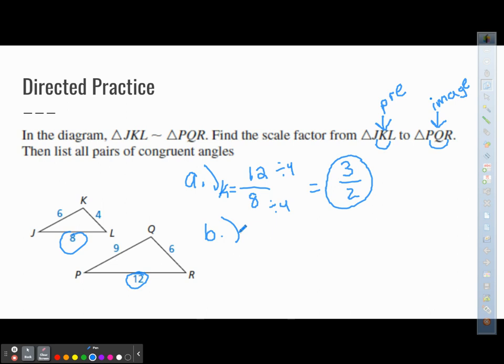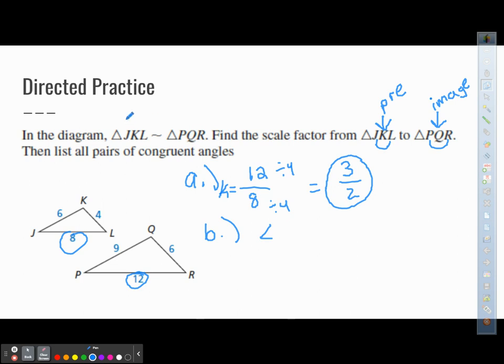Ryland, what's one pair of congruent angles? They're going to be in the same order.